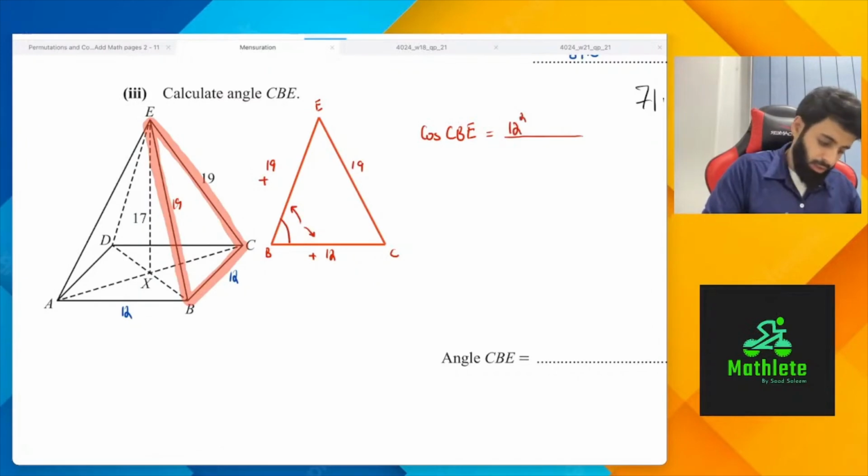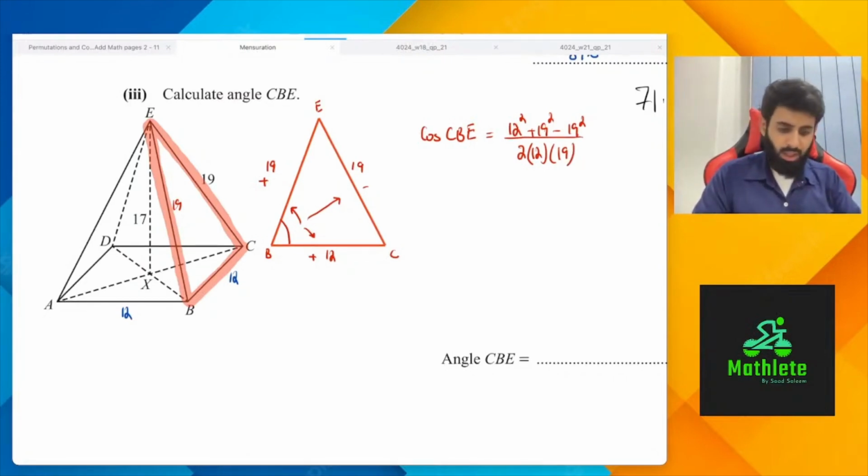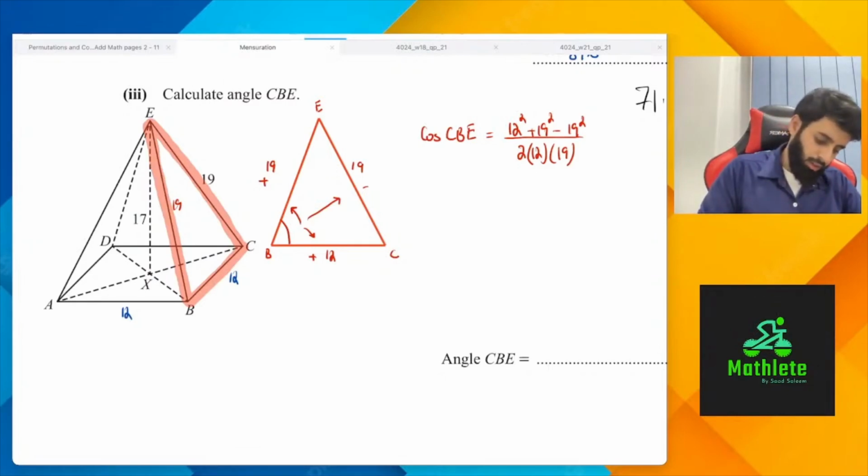So 12 squared plus 19 squared, and the side opposite to it will be subtracted, minus 19 squared, over 2 times 12 times 19. So plug this into the calculator as it is, so that you avoid any rounding-off issues, because if you do it in bits and pieces, there are more chances of going wrong. So I am looking at cos of CBE is equal to 6 upon 19.